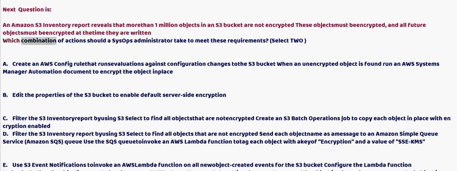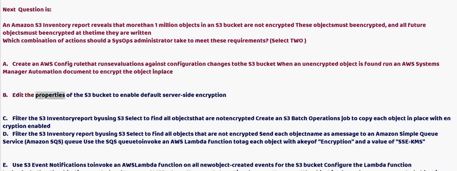Which combination of actions should a SysOps administrator take to meet these requirements? Select 2. A. Create an AWS Config rule that runs evaluations against configuration changes to the S3 bucket. When an unencrypted object is found, run an AWS Systems Manager automation document to encrypt the object in place.